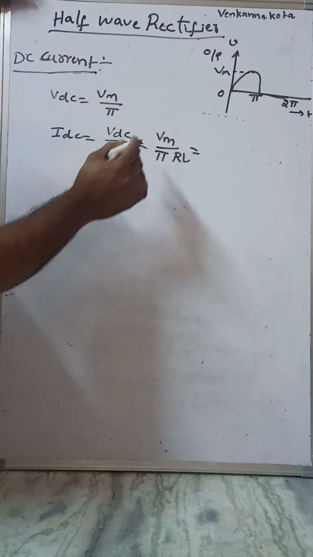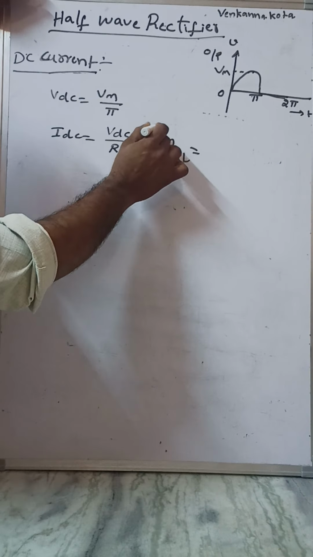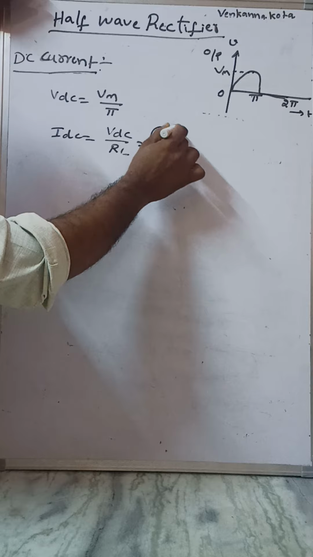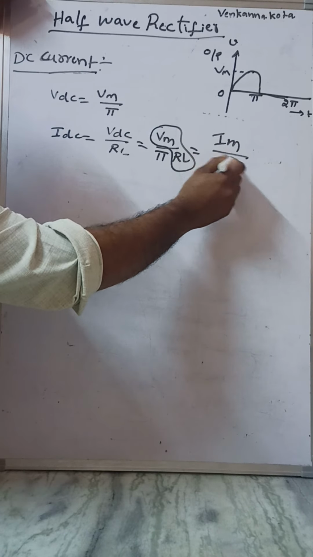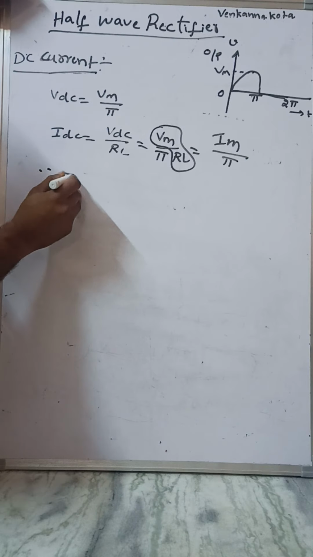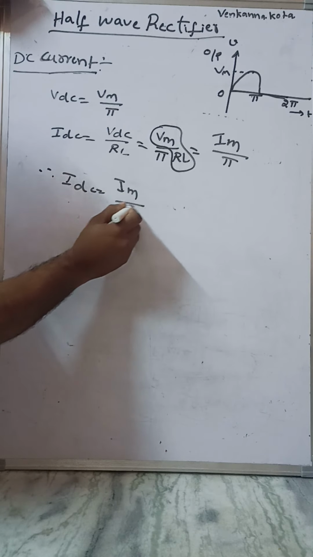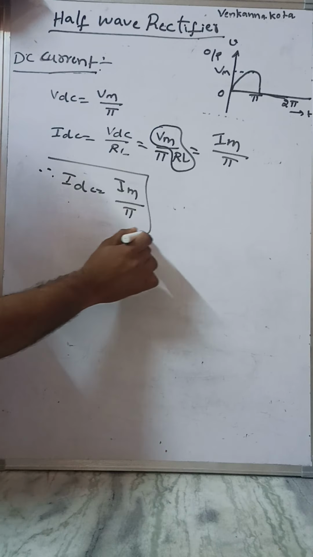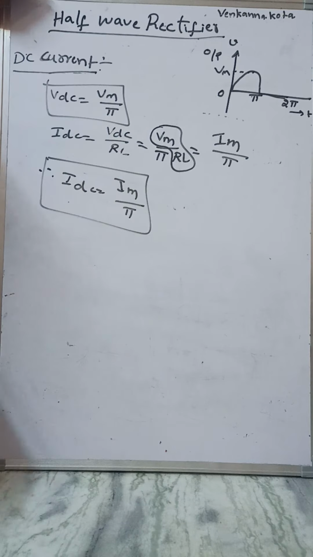So Vm by RL is equal to the Im value. So therefore IDC is equal to Im by pi. And we know the value VDC is equal to Vm by pi. So this is the DC current.